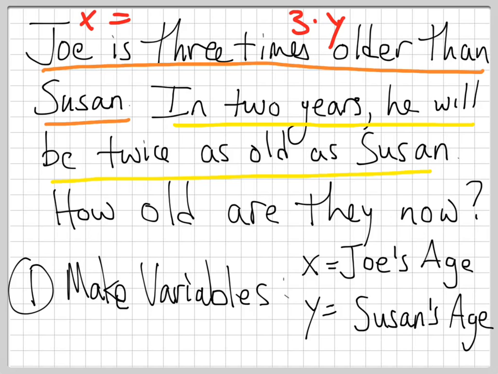So if Joe is x years old now, 2 years from now, he's going to be x plus 2. Susan's is y plus 2. Joe's age, which is x plus 2, will be twice Susan's, which is y plus 2. 2 times y plus 2. And will be is another word for is, and so that is where our equals is.